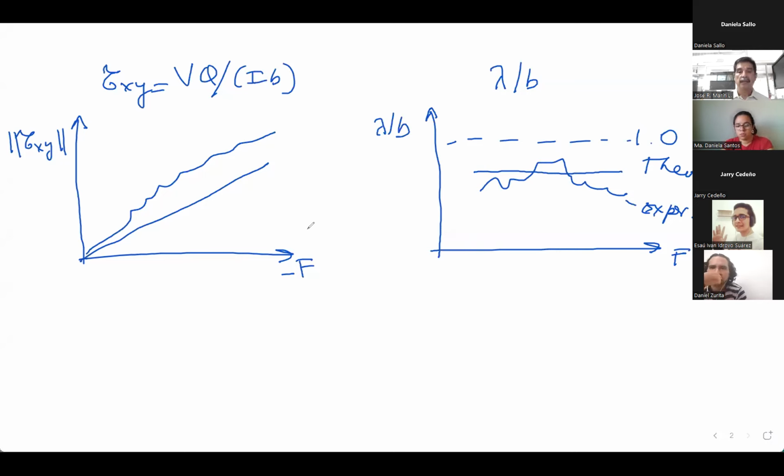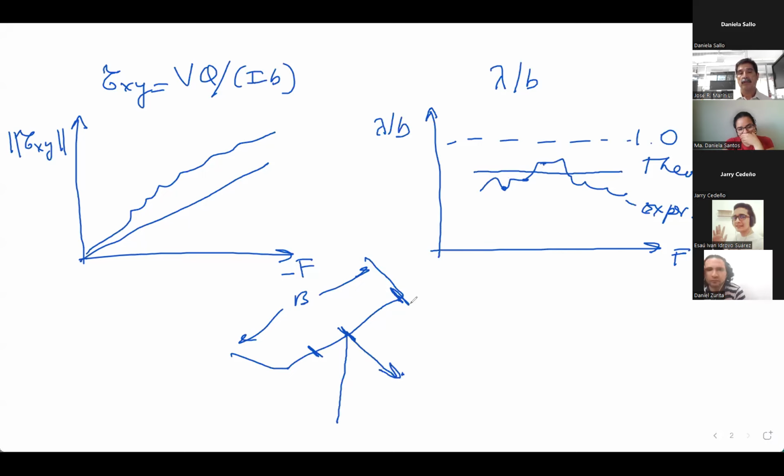Also, it's a good idea if you present a graph like this. Let's suppose this is the flange, so this is B. More or less we have one value here, another value here, and another value here. It's a good idea if you take some of these values and plot them here. For this one you have normal stress, and a normal stress.